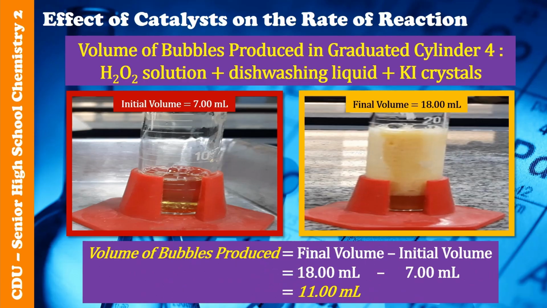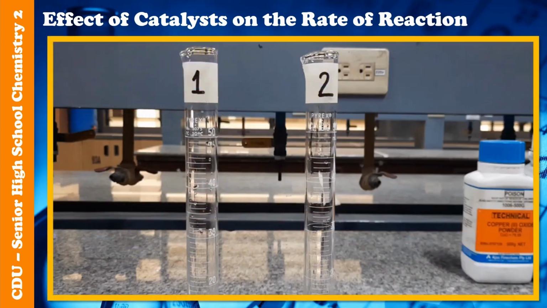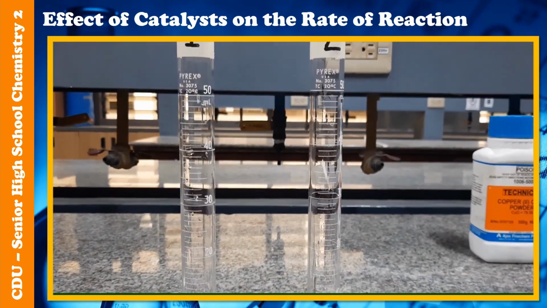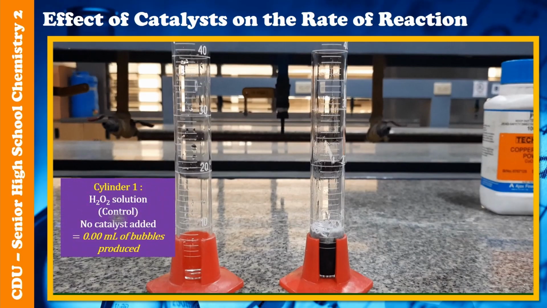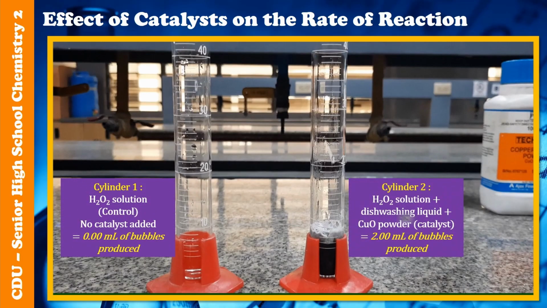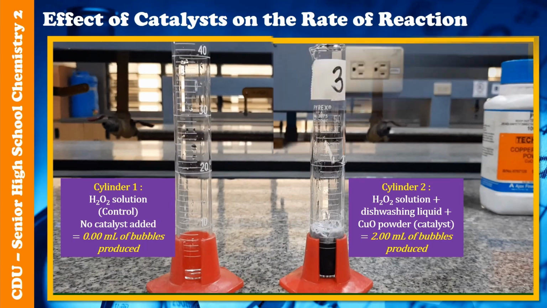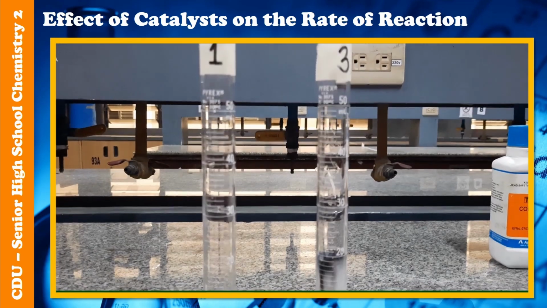The greater the rate of production of oxygen gas, the greater is the catalyst's catalytic power. Graduated cylinders 2, 3, and 4 were compared to cylinder 1, which is the control setup, since it was not added with a catalyst.